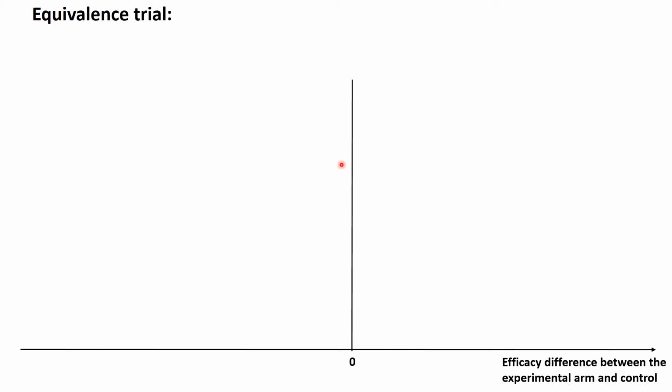Then at point 0 we have the equality. That's to say at point 0 there's no difference. If I say, for example, A is equal to 5 and B is equal to, let's say, 5, then A minus B is 0, it means there's no difference between experimental arm and control arm. So at point 0 they are equal as usual.